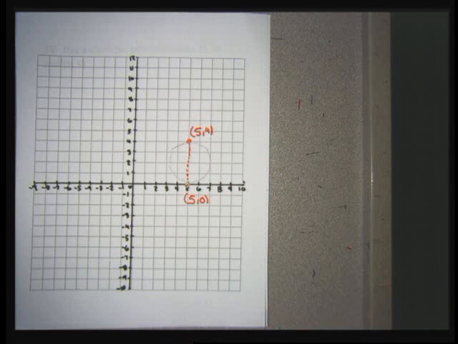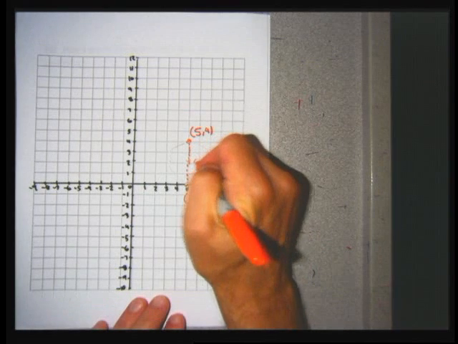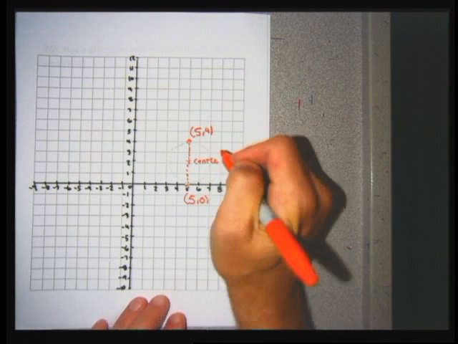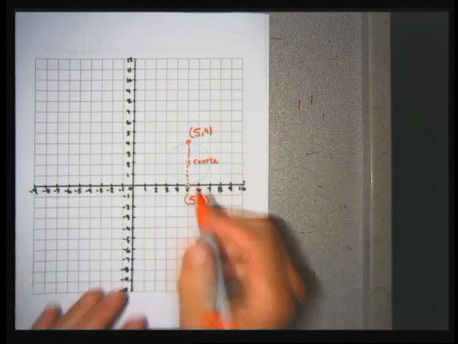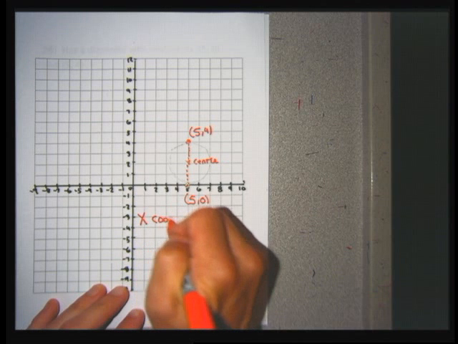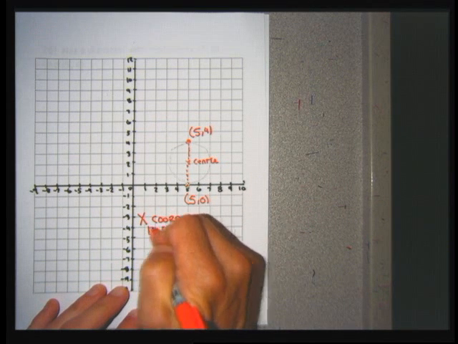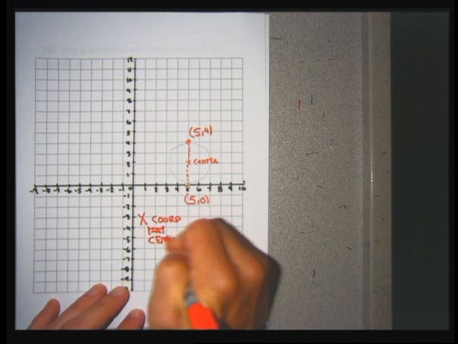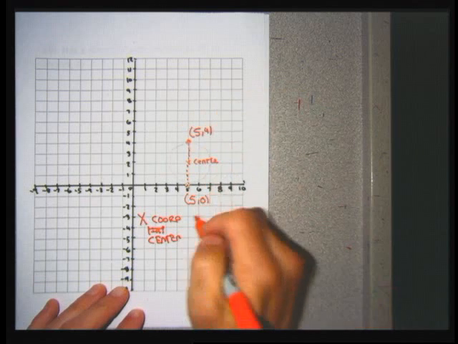The center is the midpoint of the diameter, so this right here is going to be the center. It looks to me like it's the point 5, 2, but I'm going to find that for certain. To find the x-coordinate of the center, I'm going to add up the x-coordinates of the 2 points and divide by 2.